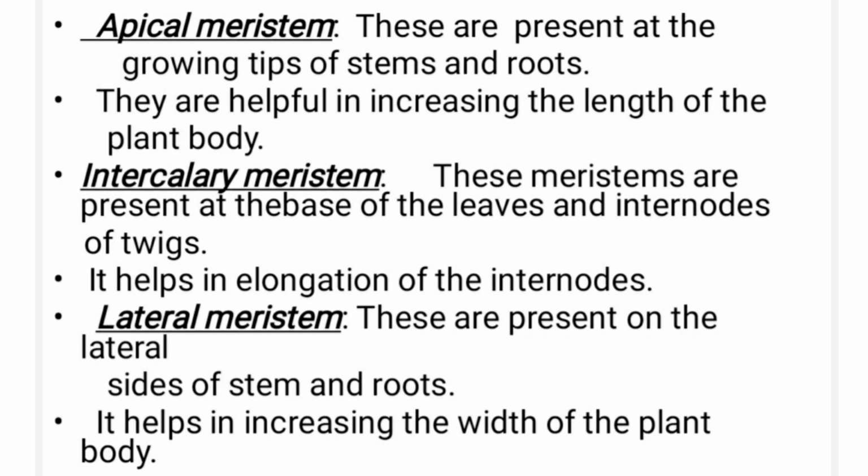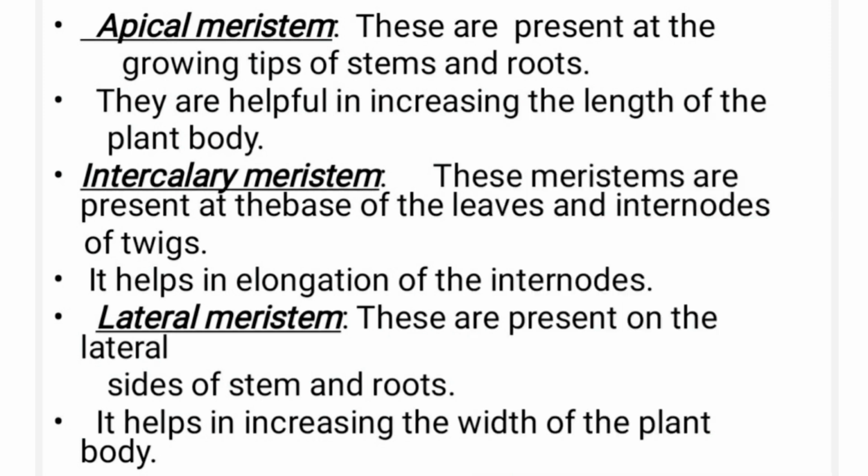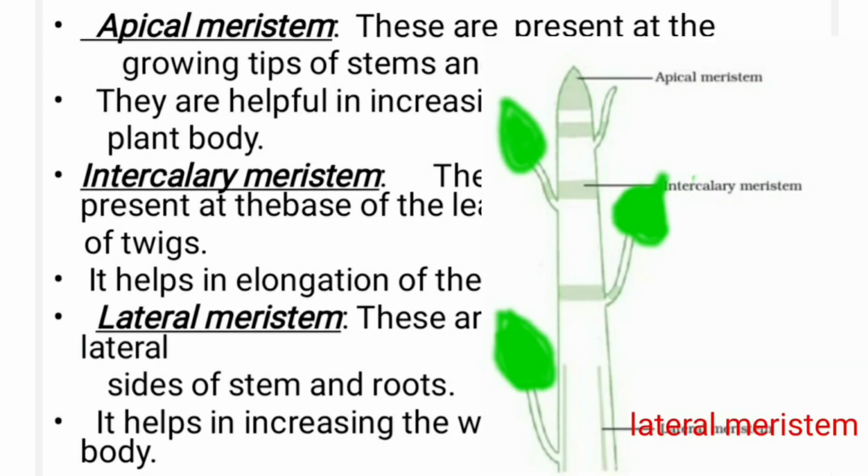It helps in elongation of plants. Next is lateral meristem. These are present on the lateral side of the stem and roots. It helps in increasing the girth of the stem or root.